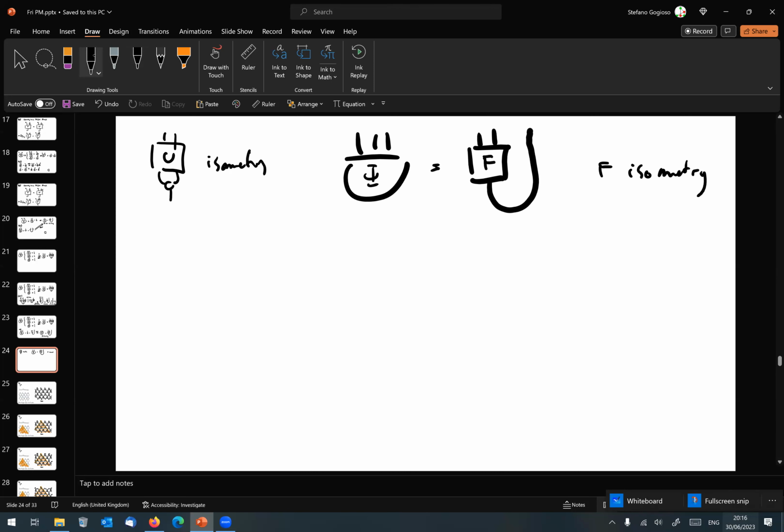And now the cool part is that you can conclude something about this F: F is an isometry. That doesn't tell you much, because it could be any isometry, right? It doesn't have to be related to GHZ.